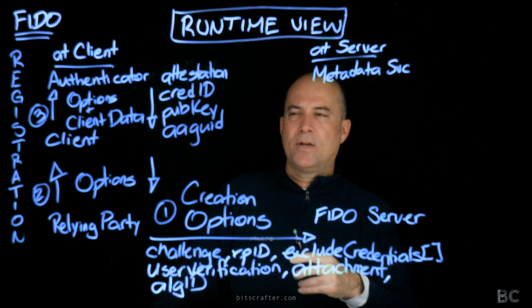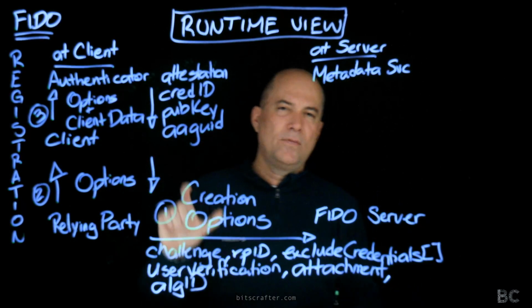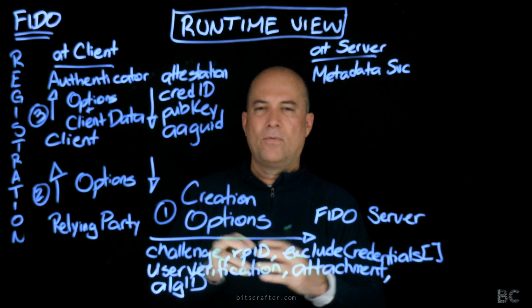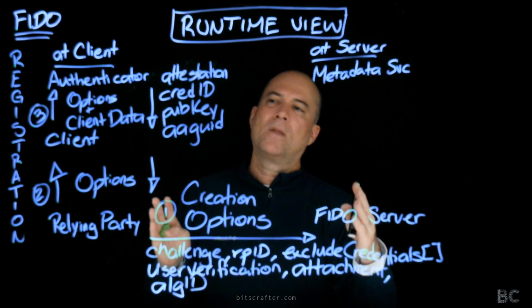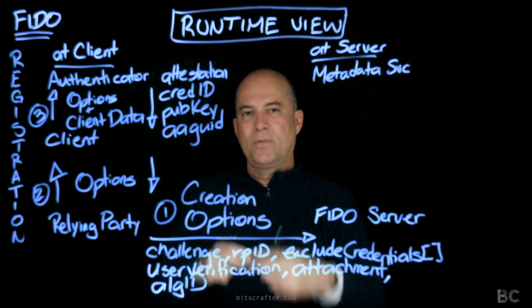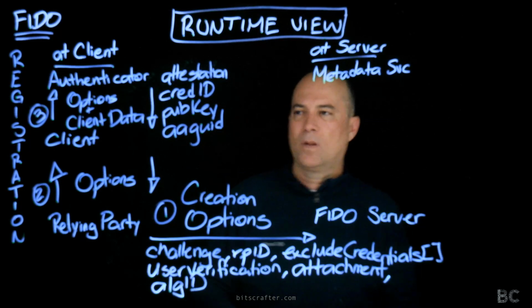This value is a unique identifier, not for the individual authenticator, but for the brand and the model of the authenticator. So there will be many different instances of this model that share the same GUID.